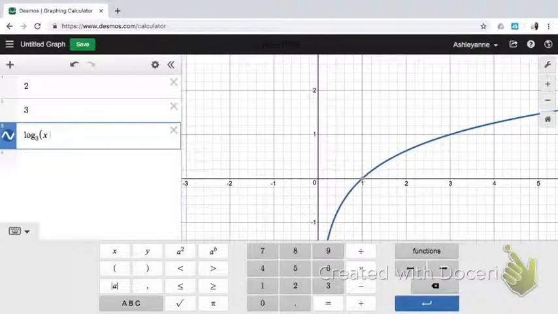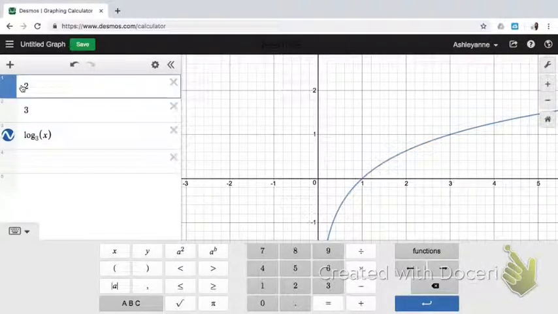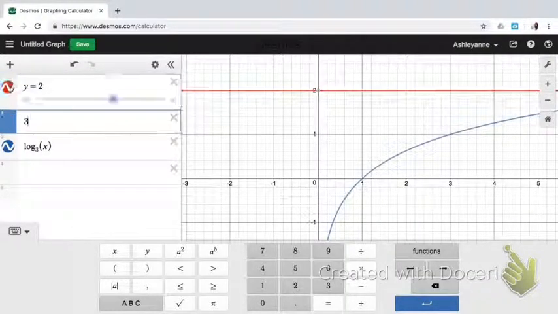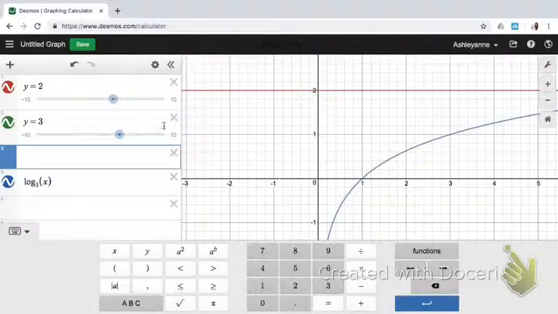I guess I need to put y equals 2. Don't know why it's not showing it. There we go. Oh, it does intersect.